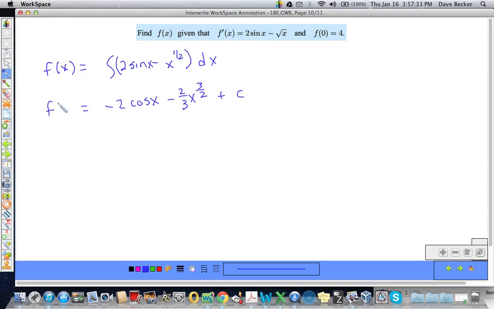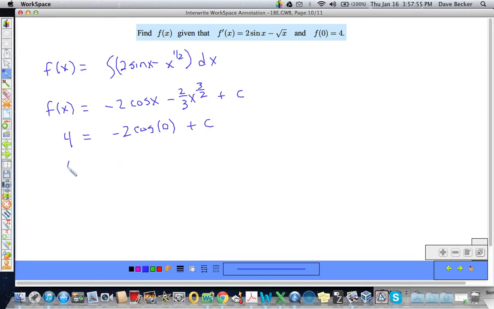and that's f of x. And because of this, I know that when x is 0, f of x is 4. So to solve for c, I'm going to say 4 equals negative 2 cosine of 0 minus 2/3 times 0, I'm not writing that one out, that's 0, plus c.